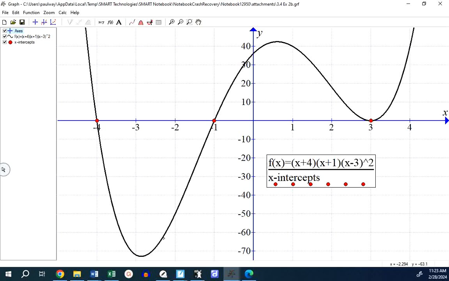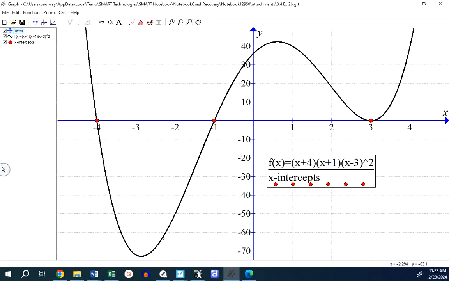It can't go through it because if it were to go through it, then it would have to come back up and there would be another x-intercept. So it's like it's going to go through, but because x minus 3 is a factor that occurs twice, it changes its mind at the last minute.